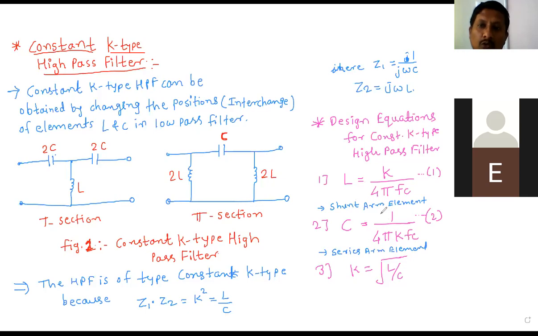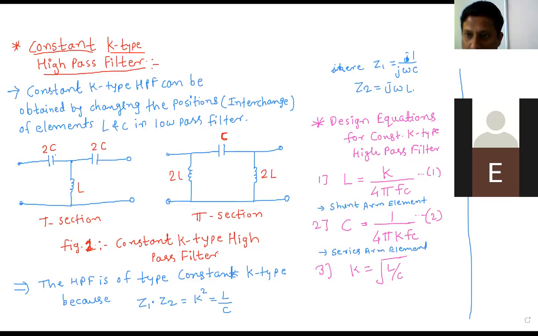But how to remember the equations of constant K type based on the equations of low pass filter? What is the difference? So I will here write the equations of low pass filter.